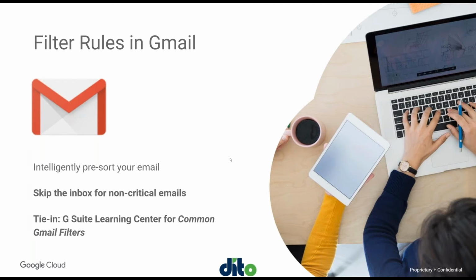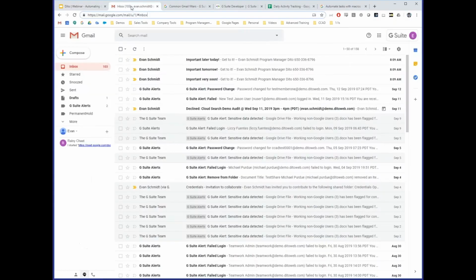So getting started here with filter rules in Gmail, the first thing that I recommend doing is configuring your mailbox in a way that makes sense to you. What I have right now, I guess, is the default or the standard Gmail box.